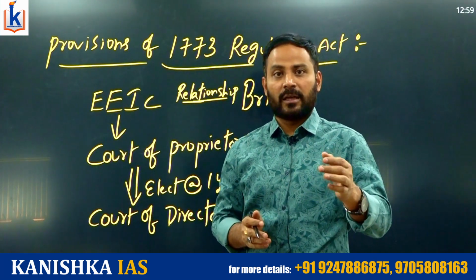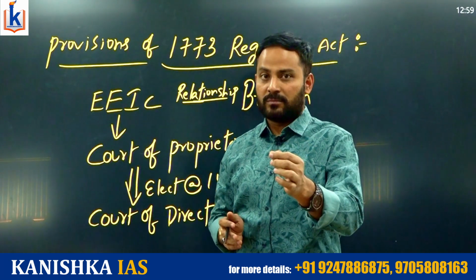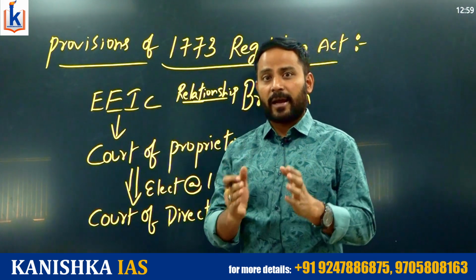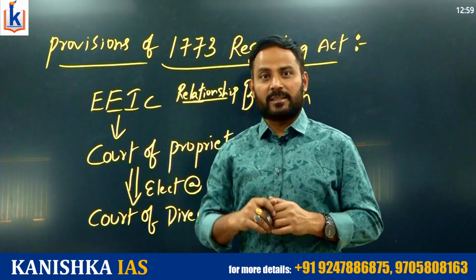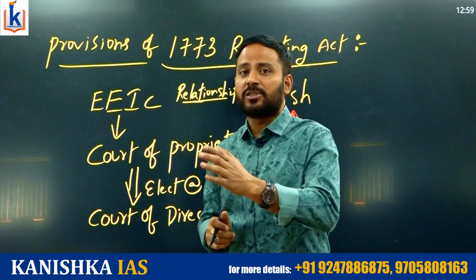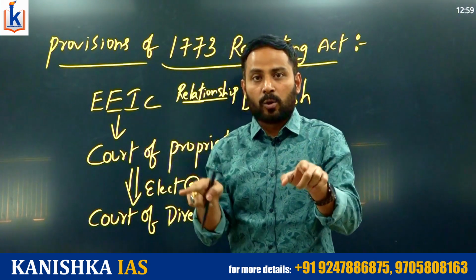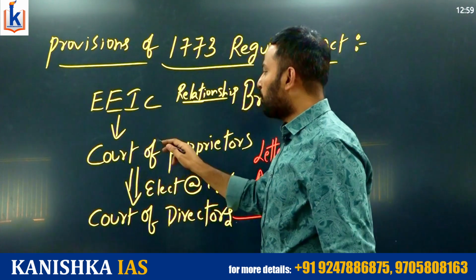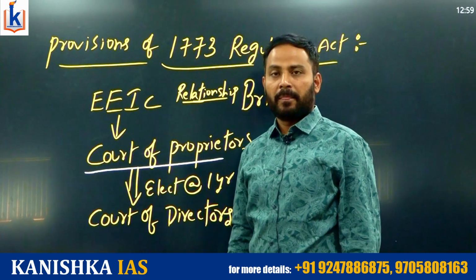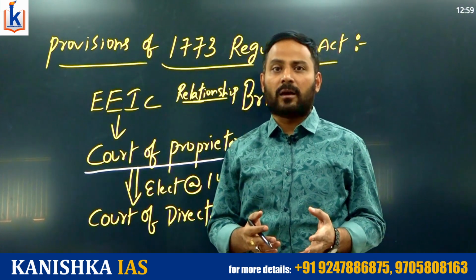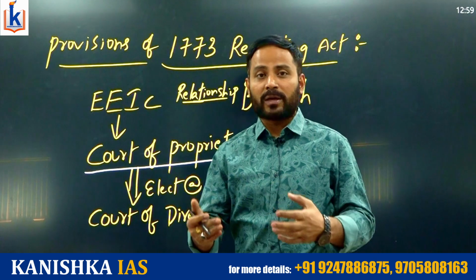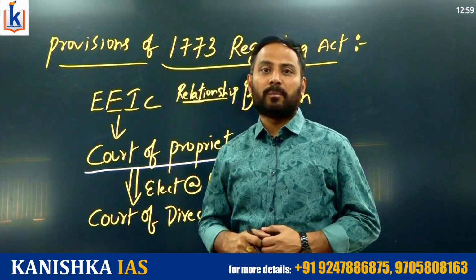Prior to this act, if anybody paid 500 pounds, he would become a shareholder. But with this act, that subscription amount was raised. If anybody paid 1000 pounds, then only he would become a shareholder. All the shareholders are called proprietors, and we can call it the court of proprietors. Of course, these proprietors are hundreds in number. Every day they can't meet and supervise the day-to-day affairs of the company.